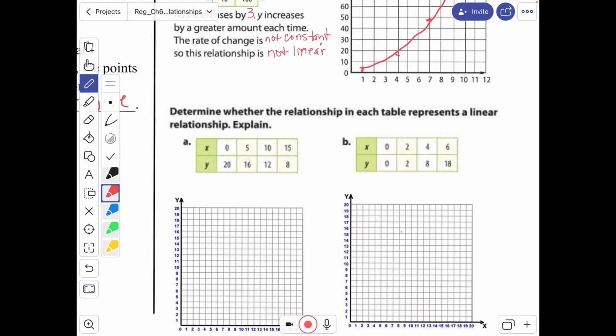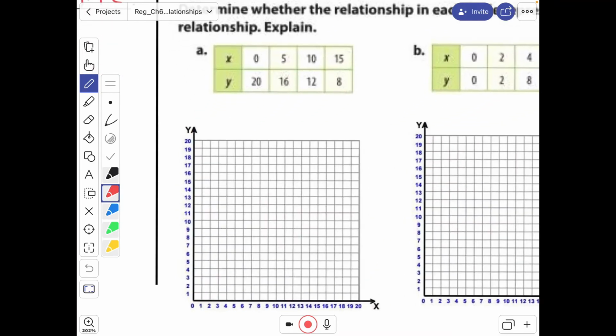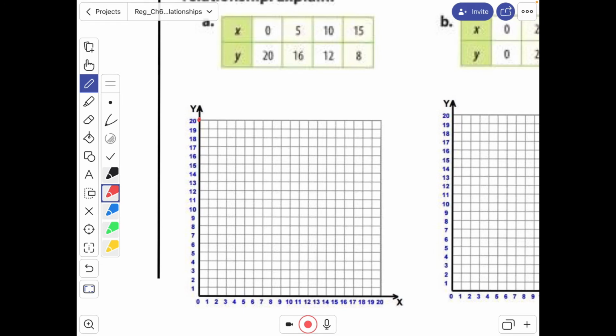Now let's determine whether the relationship in each table represents a linear relationship. This time let's just try to put them on the graph. So I'm going to go over to the right 0 and up 20 and put a dot. And then I'm going to go to the right 5 and up to 16.